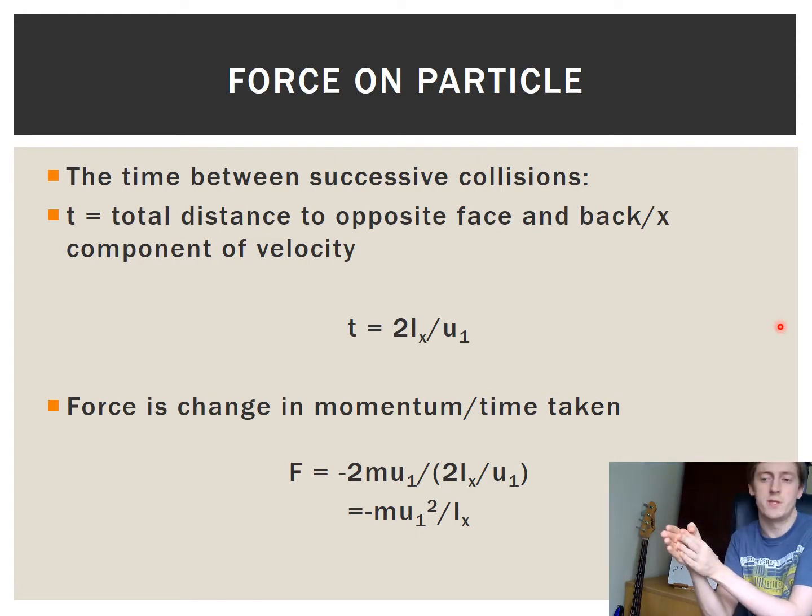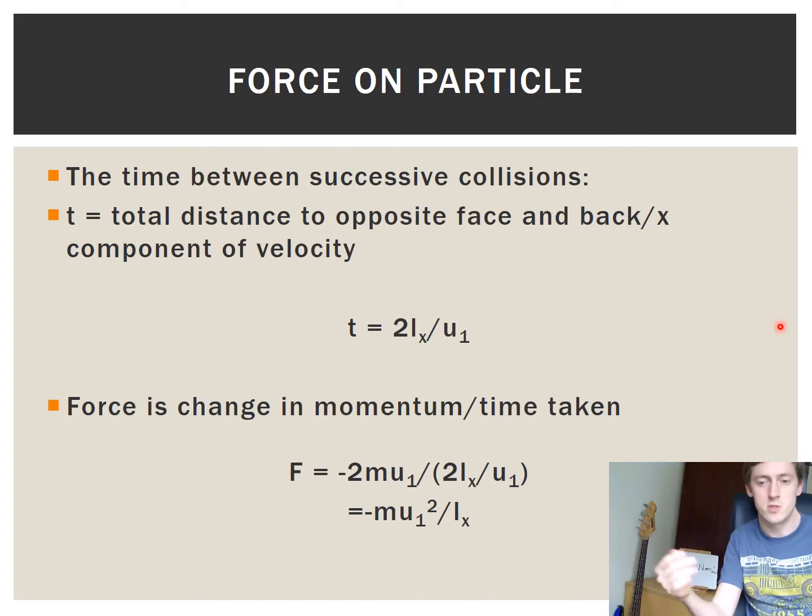The time between the collisions is distance divided by speed. The distance is twice the length of the box, and the speed is just u1. So the time is 2Lx over u1, and the force is the change in momentum divided by the time taken: minus m u1 squared over Lx. That is our force on our particle.